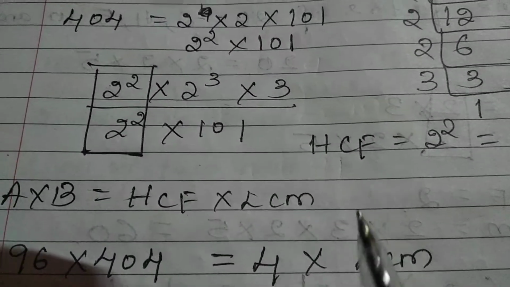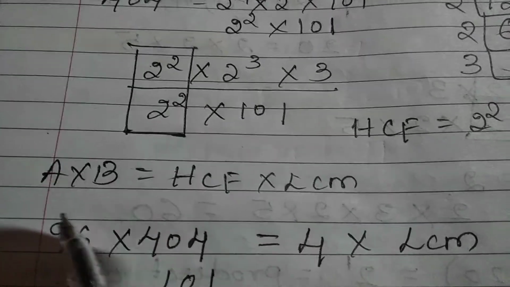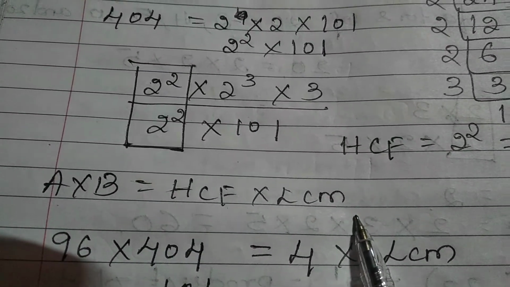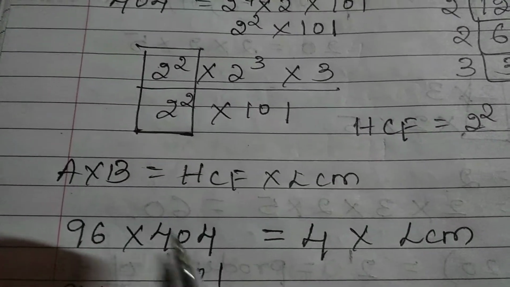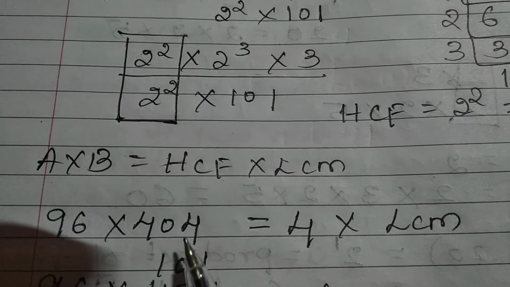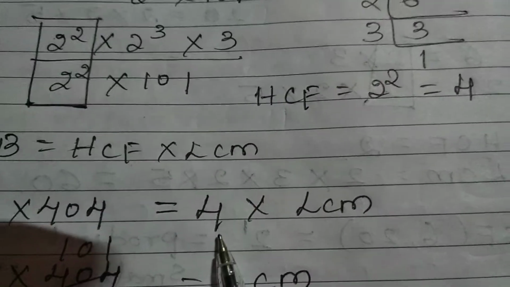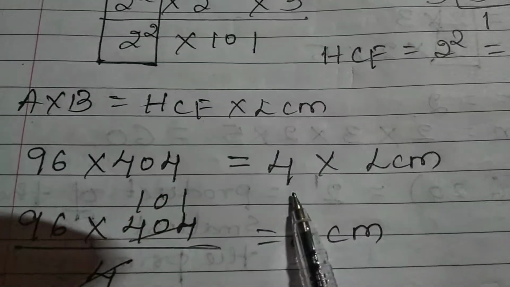And so we need to find the LCM. Here we can easily find the LCM using this relationship: A into B is equal to H into L. You already have the two numbers, 96 and 404, and the HCF you found here is 4. So substitute for HCF; you need to find the LCM.